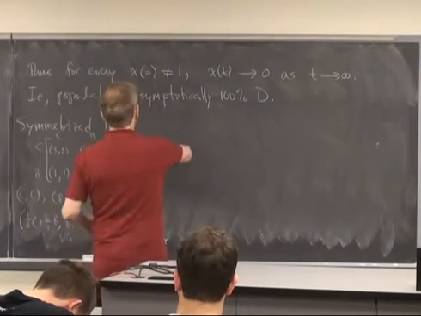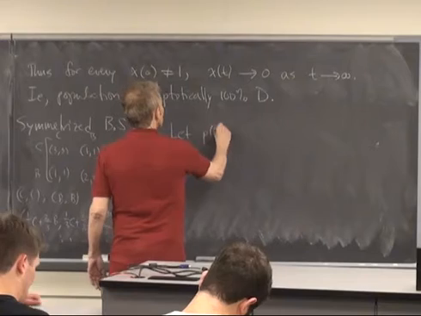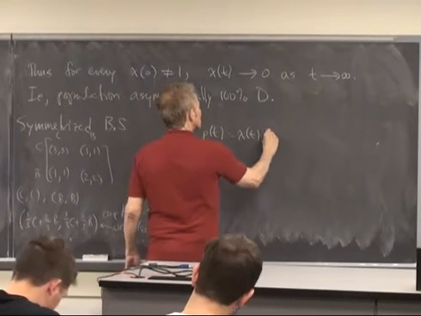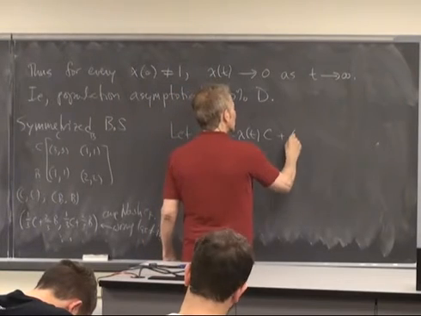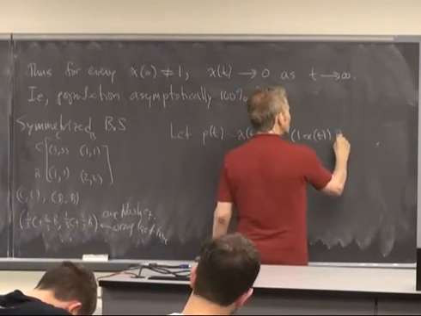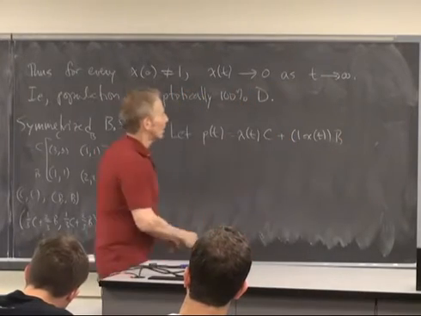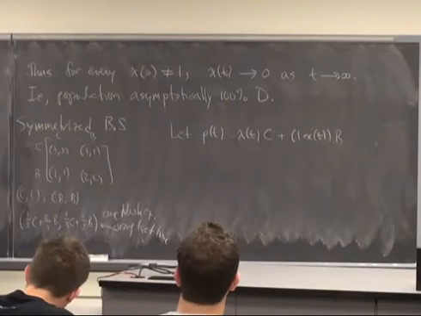So as in the prisoner's dilemma, I'm going to let P of t equal x times C. So that's the probability. X is going to be the probability you're playing C, and 1 minus x is going to be the probability you're playing B at time t. Or I shouldn't say the probability, but the fraction of the population playing C is x.